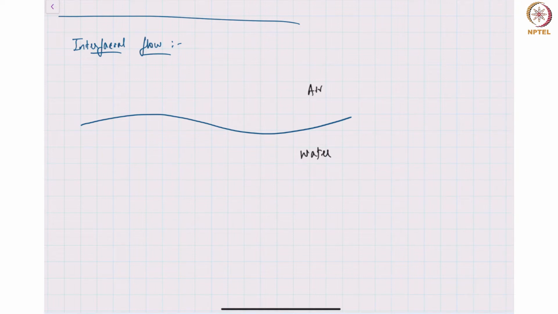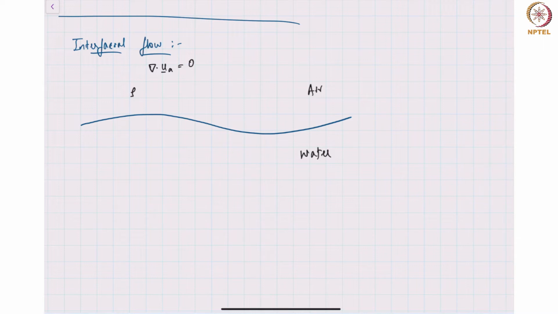Now, in each of these fluids, the assumption is that whenever I have two fluids, each of the fluids is governed by incompressible Newtonian equations. So, for example, for the case of air, I have del dot U of air is 0. So the subscript A shows that it's air.